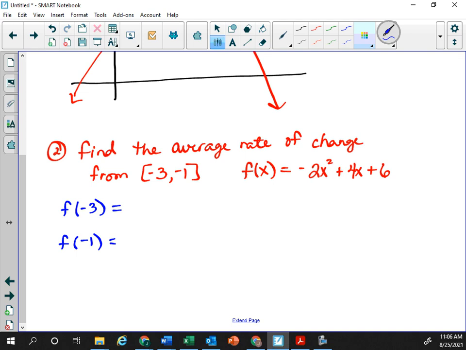Be careful with your signs. Or you can write it down if you need to. So find f of -3 and f of -1.